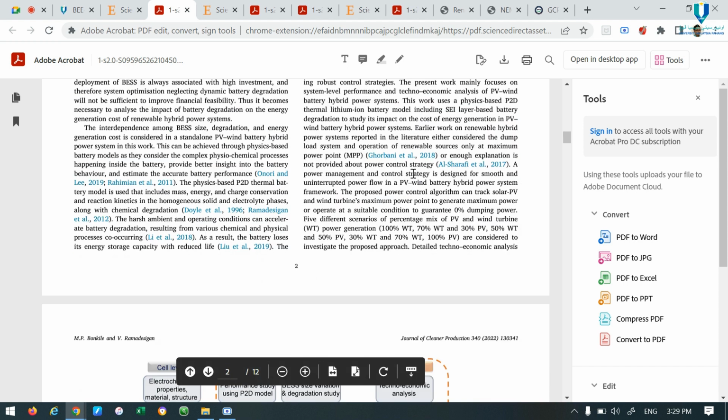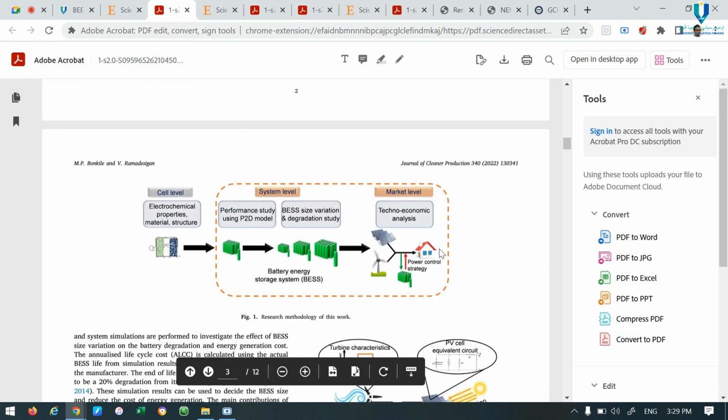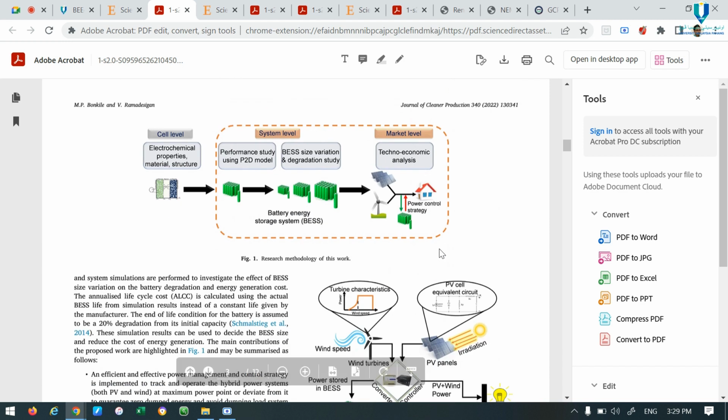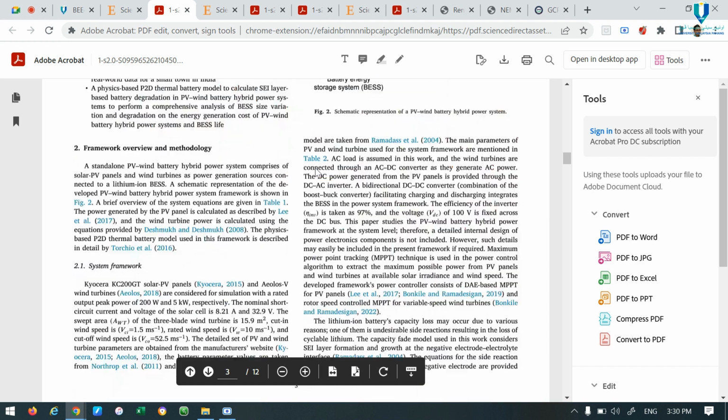I think here, I'm not sure whether it is written here or not. This one, they focus only on battery, wind, and PV. Okay, and then they have the battery and the storage system.